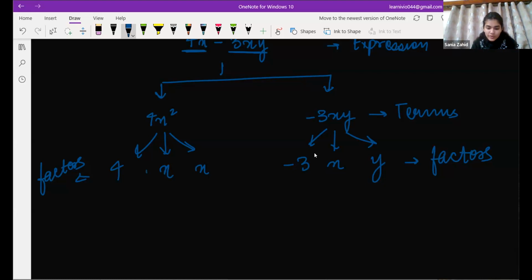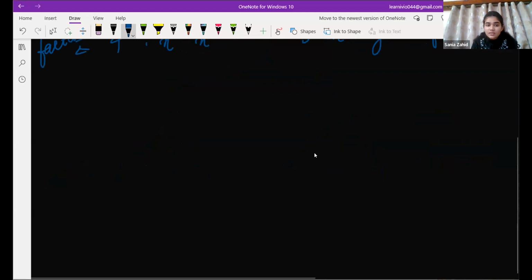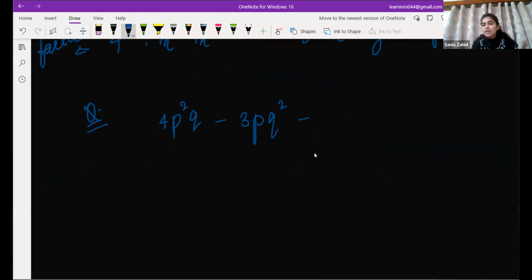Yes. So we have the next question. Look here. You have to tell me the terms and the factors in this question: 4p square q minus 3pq square plus 5. Okay. So both of you first attempt this question.